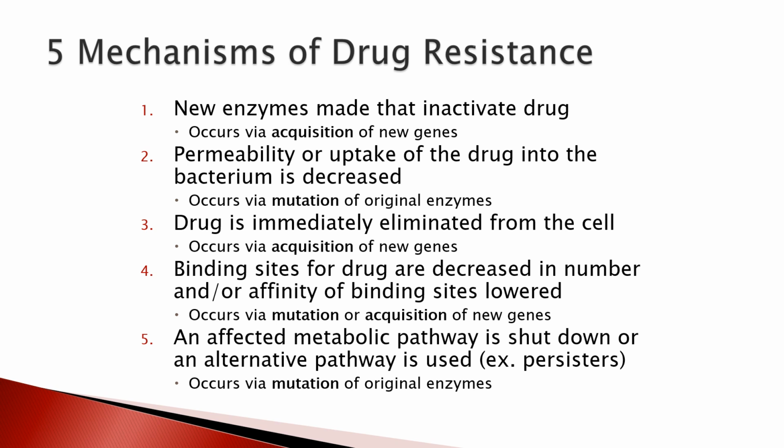And this can occur by either mutation or acquisition. And then the last one is that an affected metabolic pathway is shut down or an alternative pathway is used. The example is something we talked about at the end of chapter 10, part 1, and those are persisters. And this is going to happen through mutation.